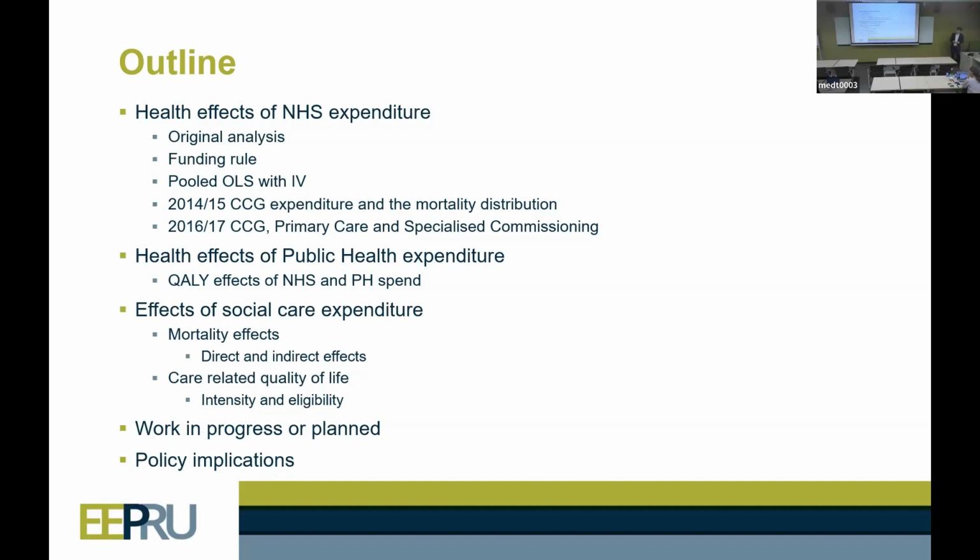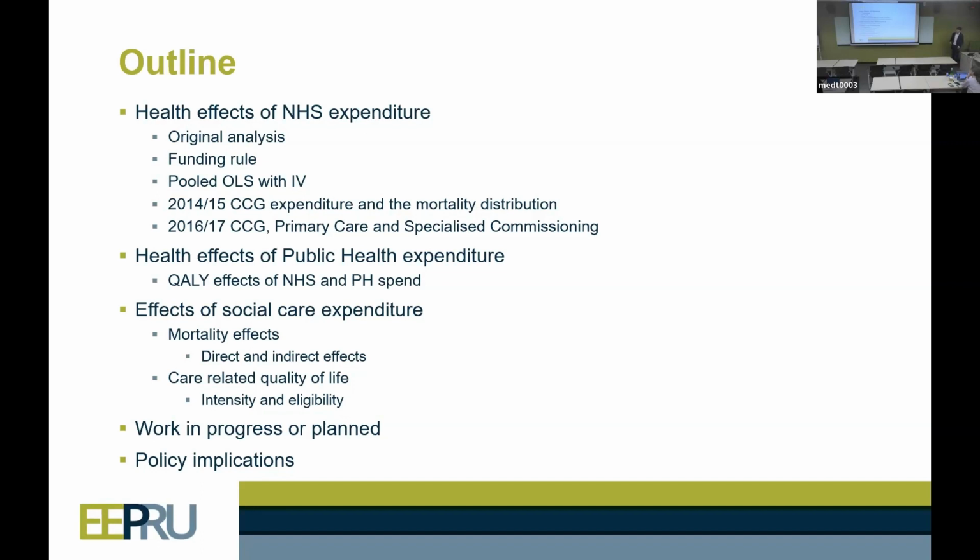Then I'm going to talk about health effects of health-related expenditure, but not healthcare expenditure per se. Instead, thinking about public health expenditure in the UK, because as of about the last 10 years, this is no longer a form of NHS expenditure. This is handled by local governments, so it's quite separate.